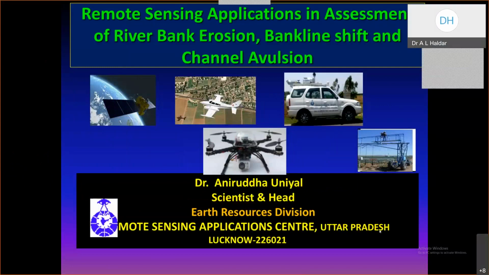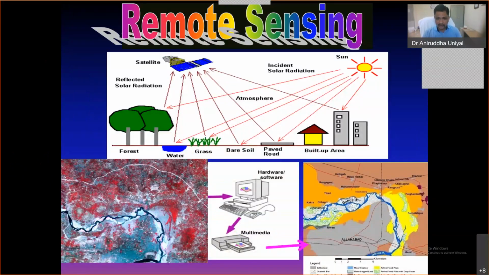So today we shall be discussing how best we can apply remote sensing in assessing river bank erosion, bank line shift, and channel avulsion. Remote sensing is like collecting information about an object or phenomena or surface feature of Earth without coming into its physical contact.